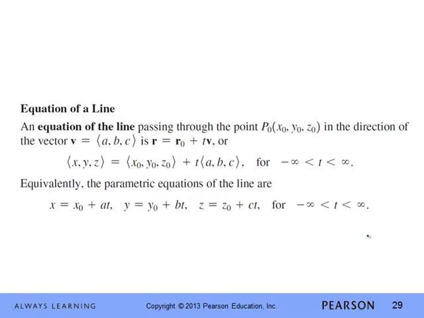So you'll have a new vector, x sub 0 plus t times a. That will be the x component of the resulting parametric equation or vector valued function. y sub 0 plus t times b for the y component. z sub 0 plus t times c, or c times t, for the z component.